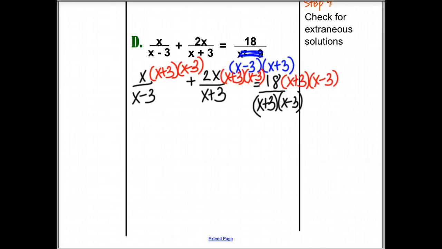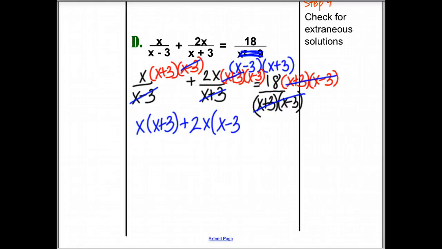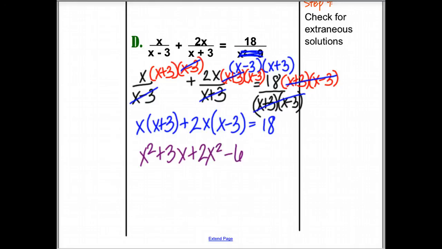So I see here that these cancel with these, the x plus 3's cancel here, and the x minus 3's cancel here, which means that I have x times x plus 3 plus 2x times x minus 3 is equal to 18. So then I can go ahead and start foiling this out, which means I have x squared plus 3x plus 2x squared minus 6x equal to 18.